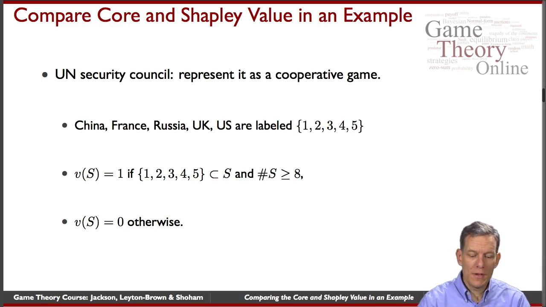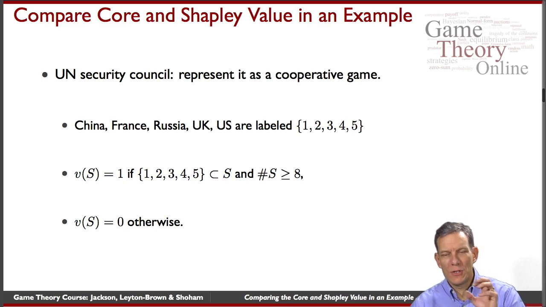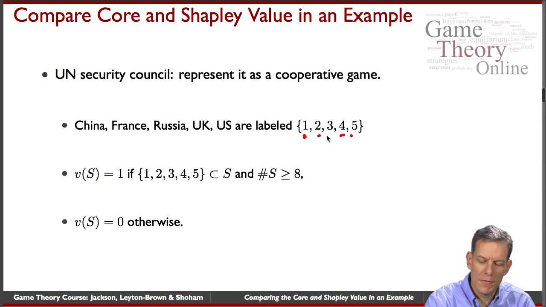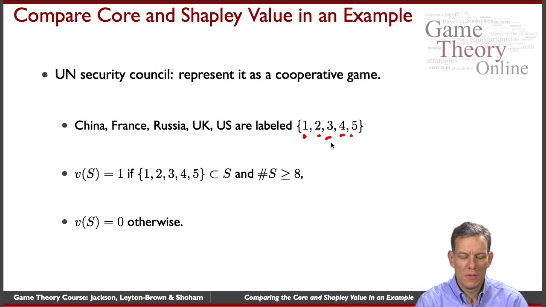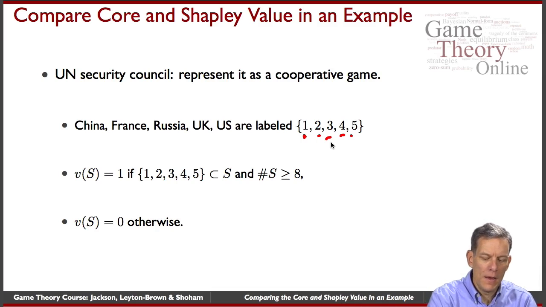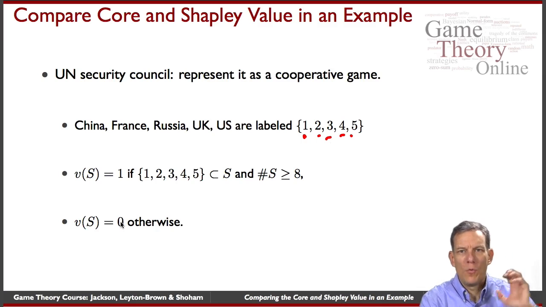If we label China, France, Russia, UK, and US as players 1, 2, 3, 4, 5, then what's true about the value of the coalition? A coalition that can pass a resolution gets a value of 1. So let's say 1 is success.